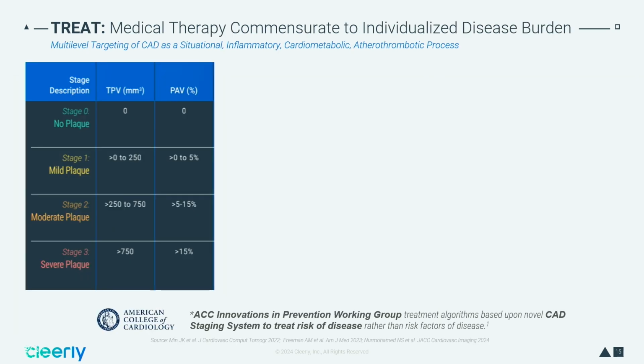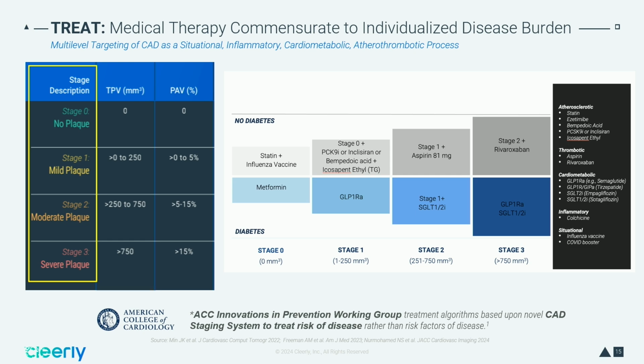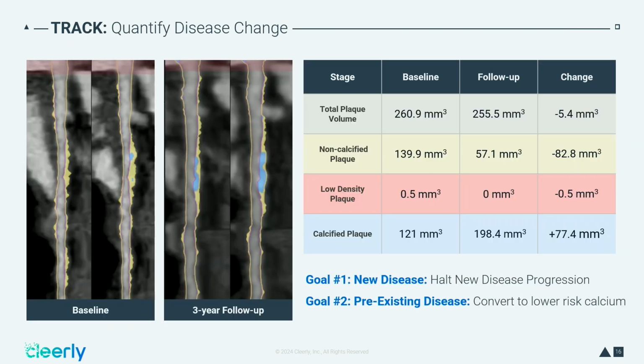And then to come up with a staging system that we did a couple of years back for coronary heart disease and atherosclerosis, in collaboration with the ACC to come up with a suggested treatment algorithm according to those coronary disease stages, and then finally to track those changes over time. So what you're seeing here is an interventional cardiologist came in 2020, had a total plaque volume about 260, went on a PCSK9 inhibitor. 3 years later, what we've seen is that he has no new progression of disease.